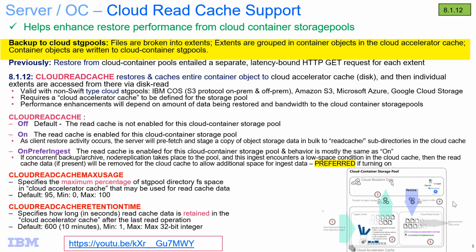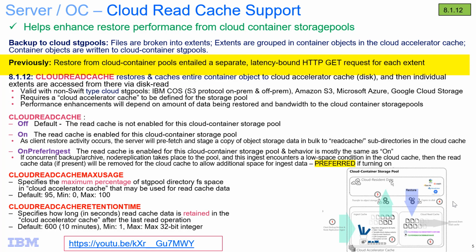Now, when we write to the cloud, we group all of these small extents into usually about 1 gigabyte chunks, which we group together in our Cloud Accelerator cache. And then we push those container objects, which are the roughly 1 gigabyte chunks of extents, out as a group to the cloud container storage pool and write them out there.